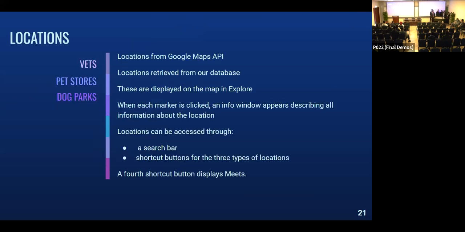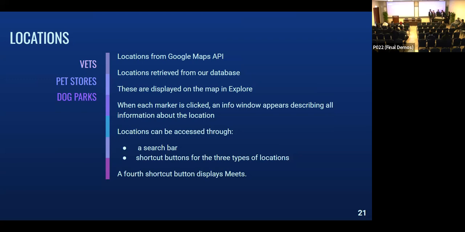For our first functionality, locations, there are three types of locations that we have in Explore. Vets, pet stores, and dog parks. Data for these locations is received from Google Maps API and is stored in our database.